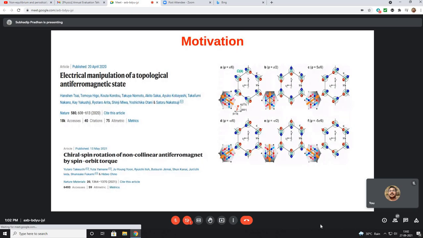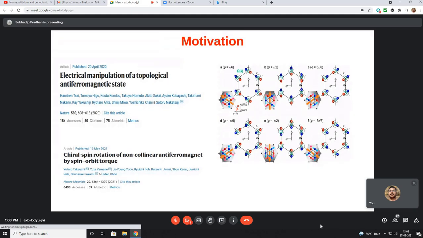Sorry, sir, but Hall is already measured in this sample, no? Anomalous Hall, the measurement is fine. The question is, as I understand, the motivation of this experiment is perhaps to rotate the core spins, the magnetic texture. Now, what Arijit is trying to point out is that the way they are doing it also induces another effect.